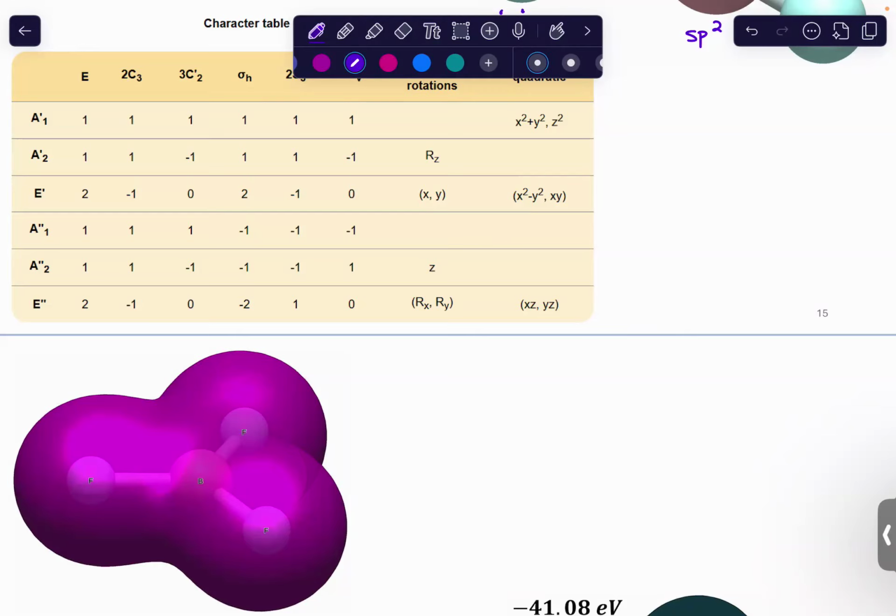No, it's symmetric, so it has to be an A. Now, 1 or 2? Where are your C2 axes? Down every bond. Would it be symmetric or anti-symmetric with respect to that C2? Symmetric. So that's a 1. Now, is it symmetric or anti-symmetric with respect to a sigma H? Symmetric, so that's an A1 prime.